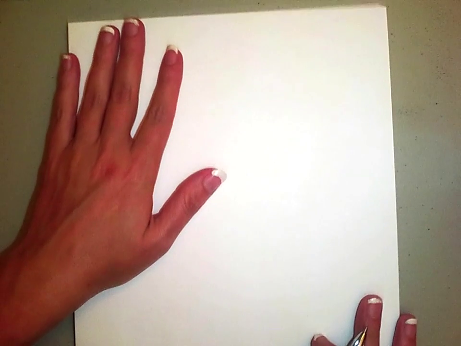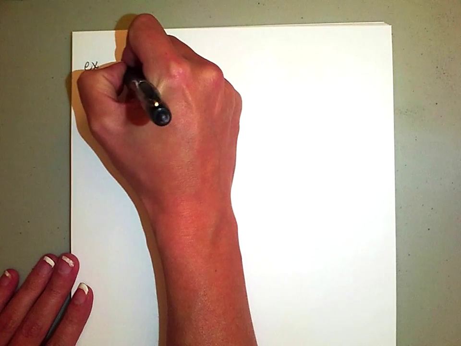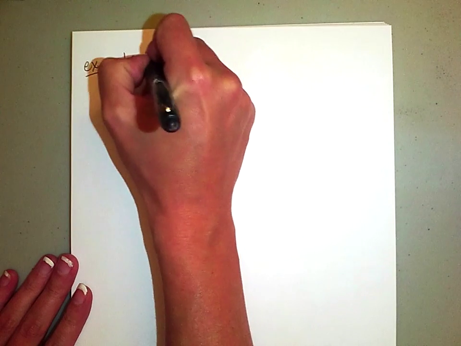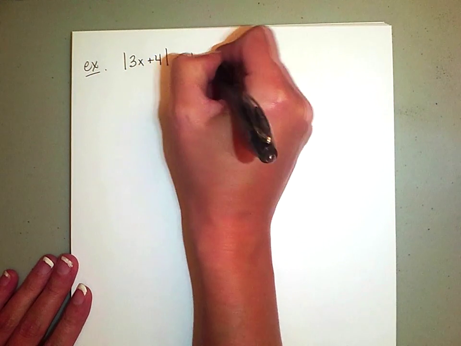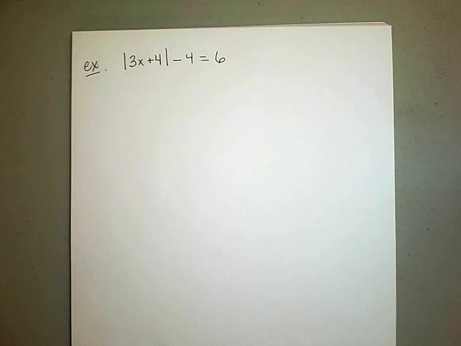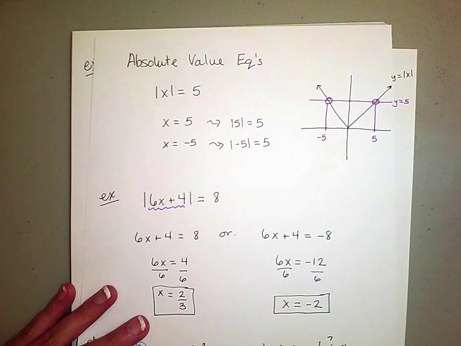Let's try another. We could have the absolute value of 3x plus 4, now minus 4 equals 6. Okay. Now notice what we had here in the previous situation is the absolute value was isolated.